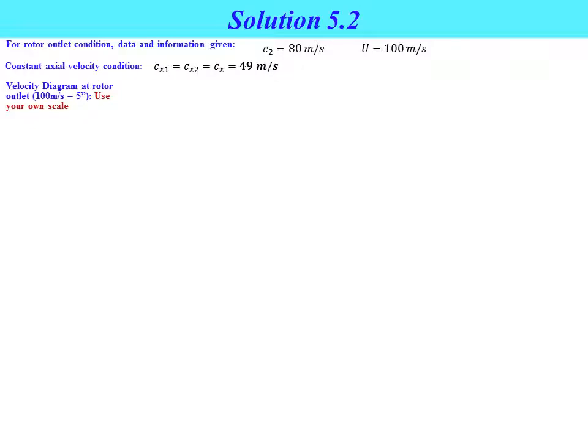Now we need to draw the velocity diagram at the rotor outlet, where you still need to use your own scale.